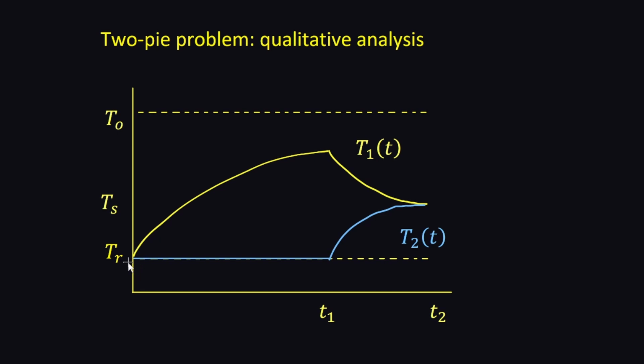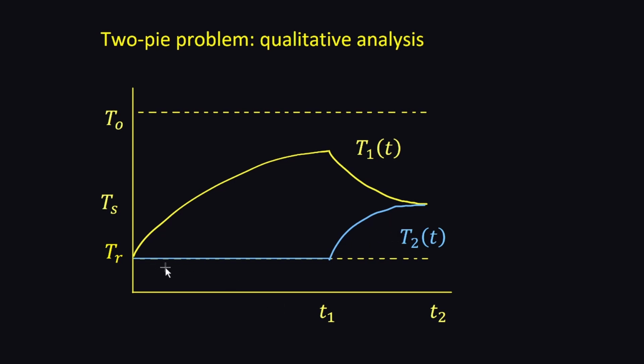It starts from the room temperature, and in the time duration 0 to t1, its temperature goes up as it is placed in the oven. And after the time little t1, the first pie is taken out of the oven, so its temperature begins to drop. The blue curve represents the temperature of the second pie.